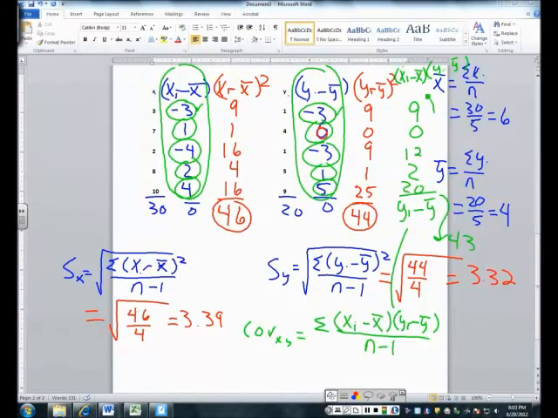So the sum of the cross products is 43, and that goes right down here, 43 divided by n minus 1, and that is equal to 10.75. Write that again here, 10.75.